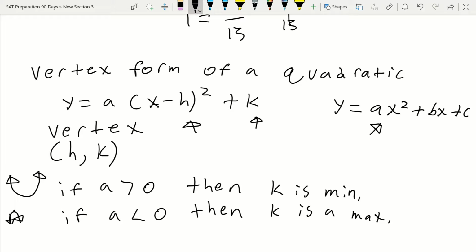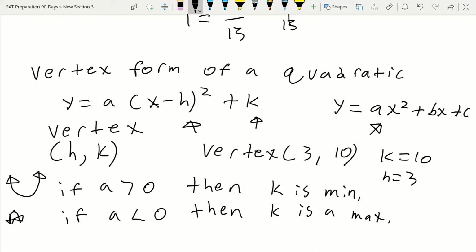So we have to keep in mind, let's say our vertex is at (3, 10). Well, that means that k is going to equal 10, and that means that our h value will equal 3, right? So we'll have x minus 3.